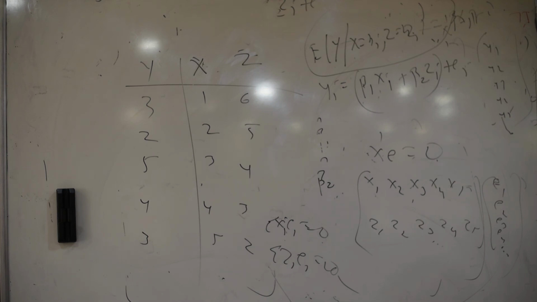How will you do it? Determinant upon n square is the variance of x into variance of z minus the covariance square. Right? So n square into this whole sum will be the determinant. I showed you, determinant upon n square is the variance of x into the variance of z minus the covariance square. Right? So if you find this quantity and multiply by n square, you will get the determinant.